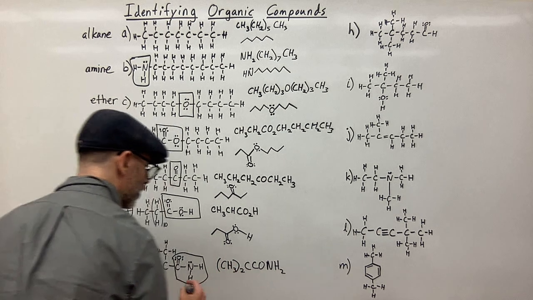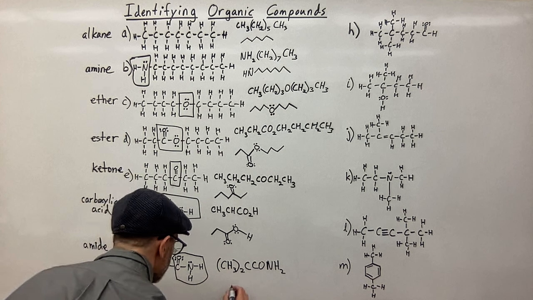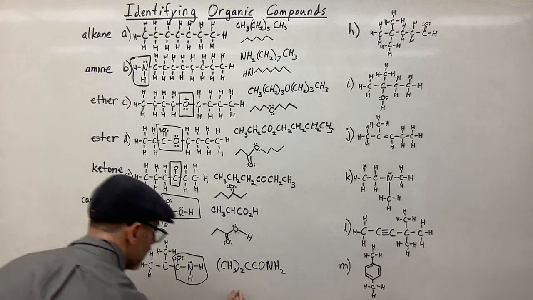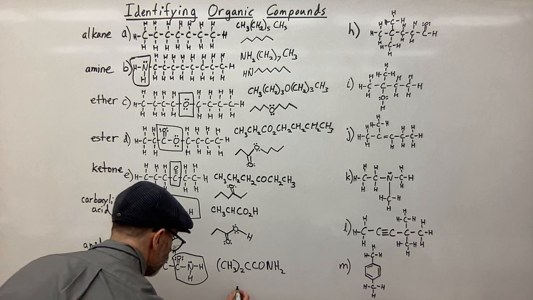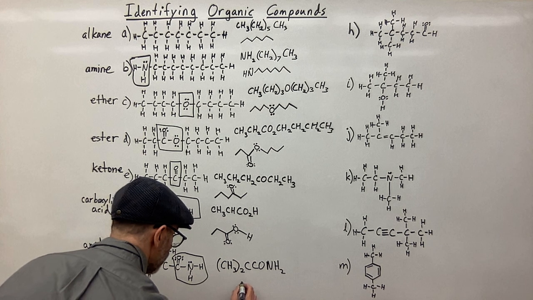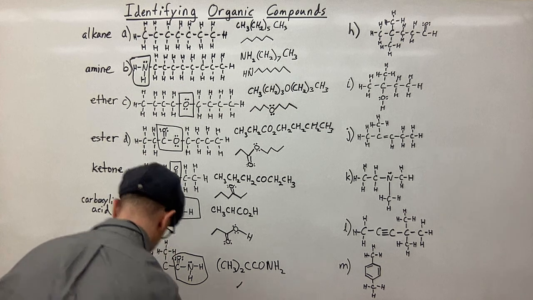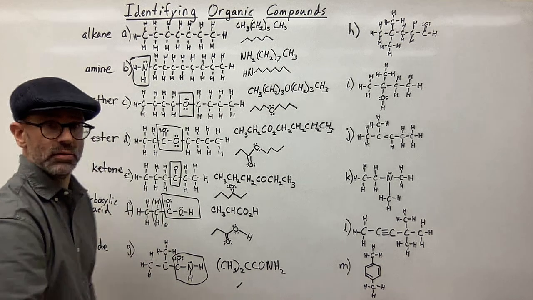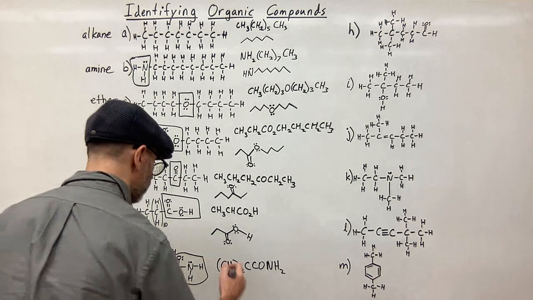And so here, your line drawing would be something like this. You have this carbon here, and off of that carbon are 2 groups. Let me write this a little better.